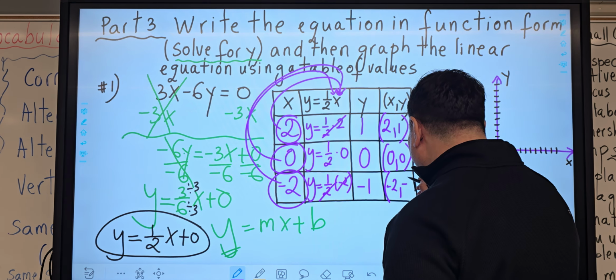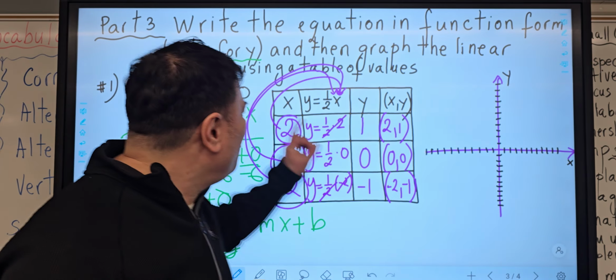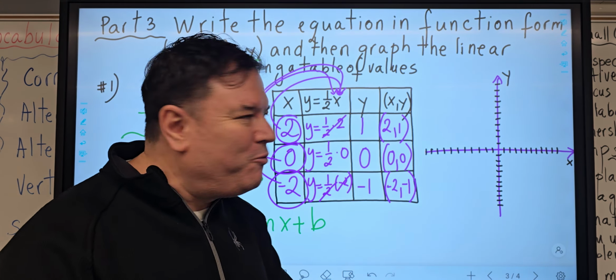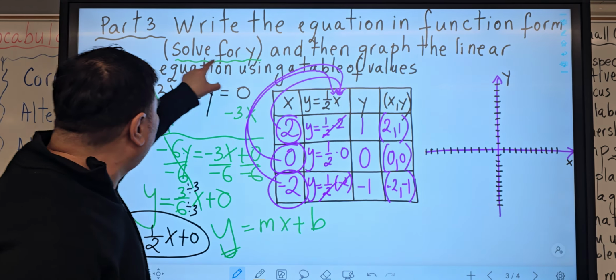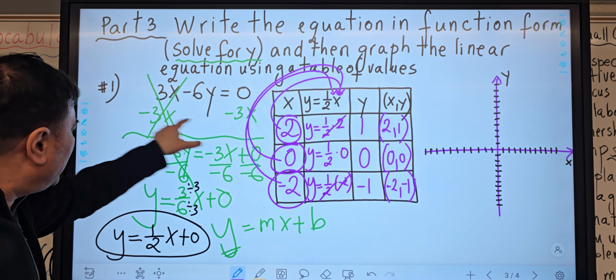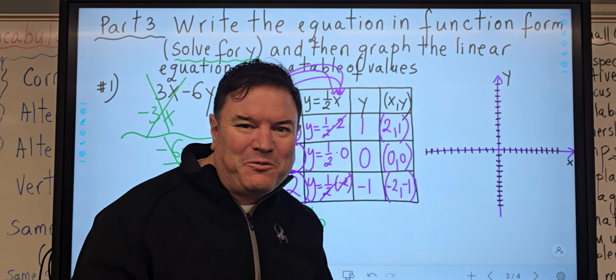Negative 2, negative 1. Again, be very careful when we have an equation that is not in the y form. We have to solve for y first. We have to do whatever we have to do in order for us to get the y by itself first.